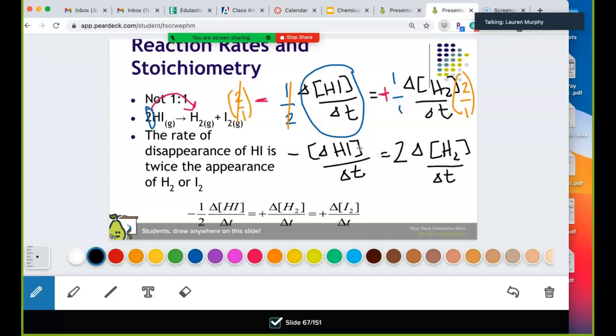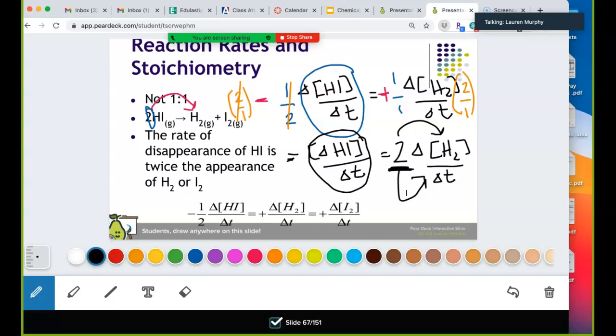Okay, so how do you read this? You lose HI twice as fast as the rate of H2 is being produced, which we just said verbally looking at this. This guy gets depleted twice the rate that H2 gets produced. So if the rate at which H2 was produced was 4, the rate at which HI was losing would be 8.